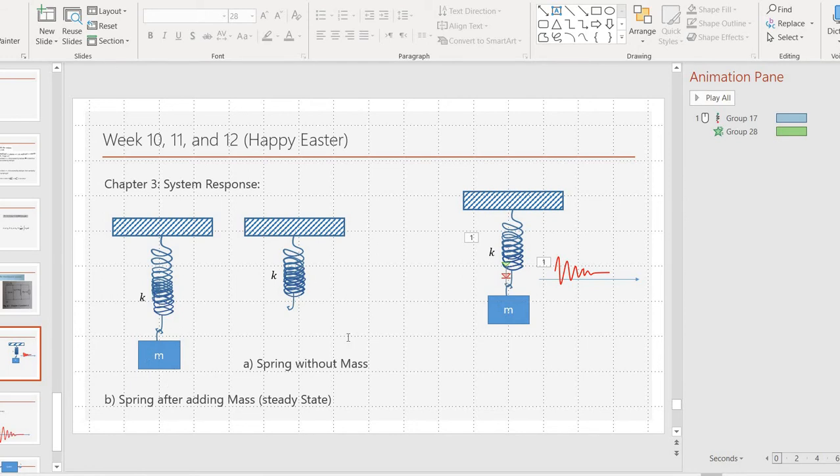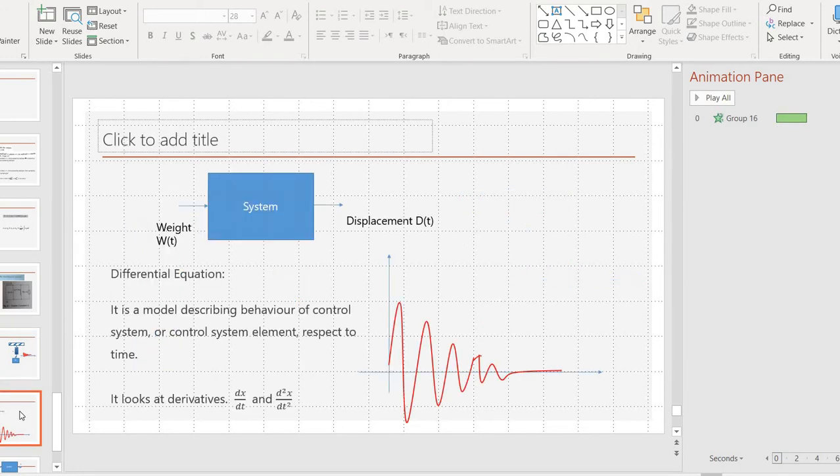And the output of the system, what do we expect to happen? Yeah. The displacement is the output of the system. So that box is in place. The weight or mass is the input. And the output is the displacement.